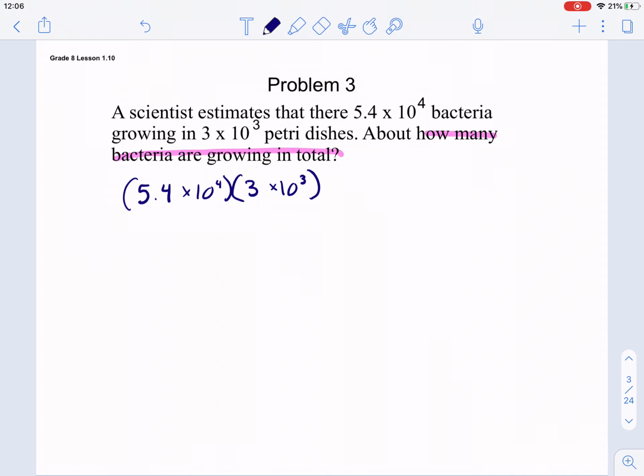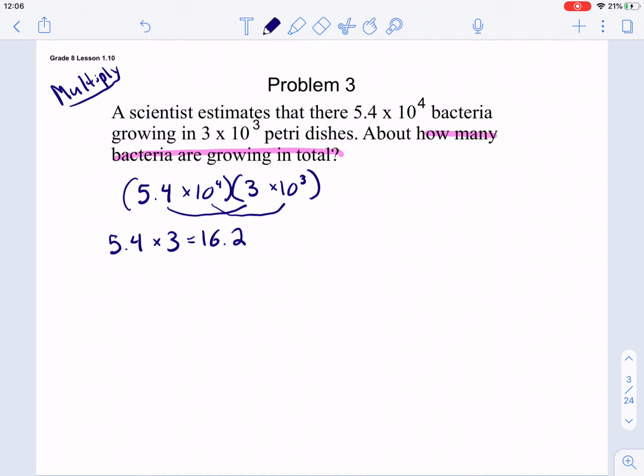Now, when I am multiplying numbers that are in scientific notation, it is very similar to dividing. I do not need my exponents to be the same. I can just take 5.4 and multiply it by 3. 5.4 times 3 is equal to 16.2.